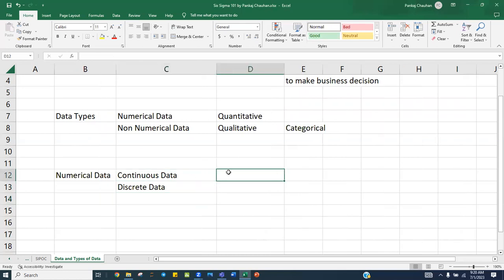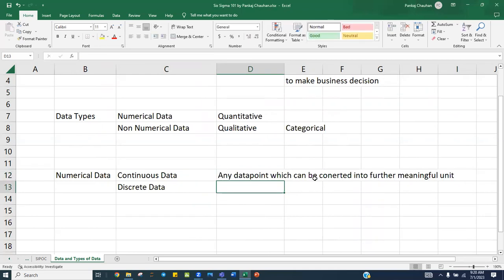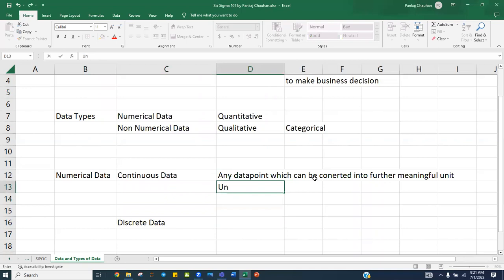Continuous data means any data point which can be converted into a further meaningful unit is continuous, otherwise it is discrete. Which means any continuous data will come with a unit of measurement, and this unit of measurement is convertible.